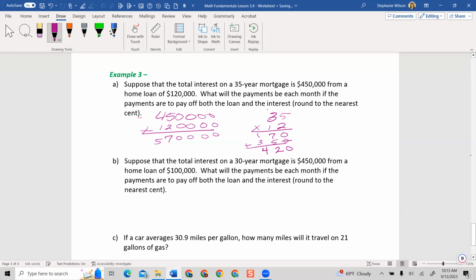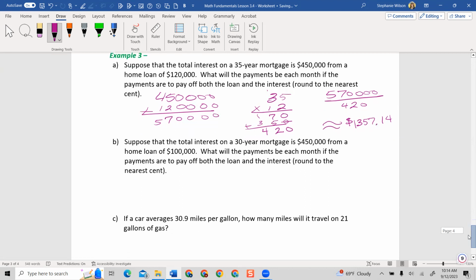So what I want to do is take this 570,000, divide it by that 420 and put it up in long division. And when I'm done, I get $1,357.14 that you would have to pay per month to cover the interest and the loan.